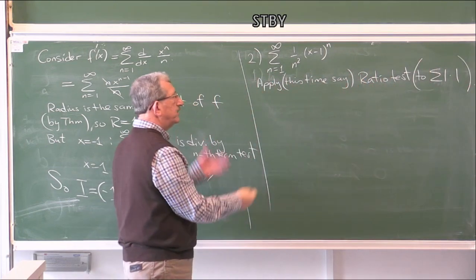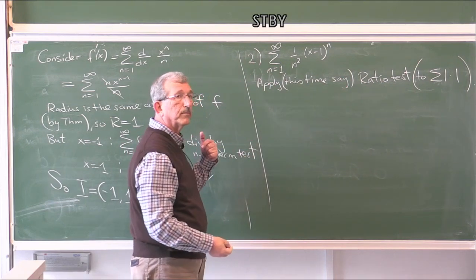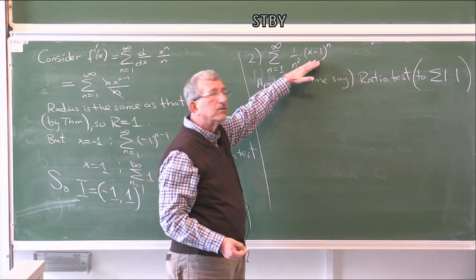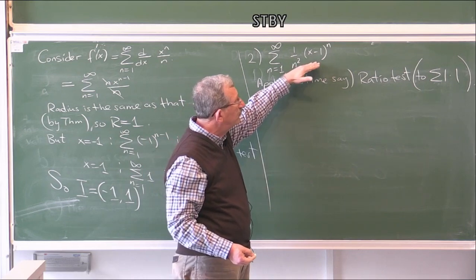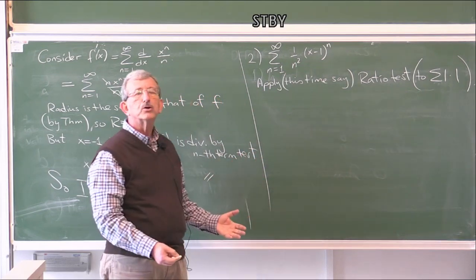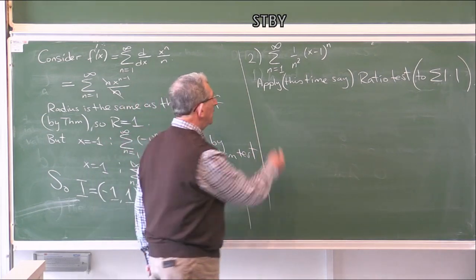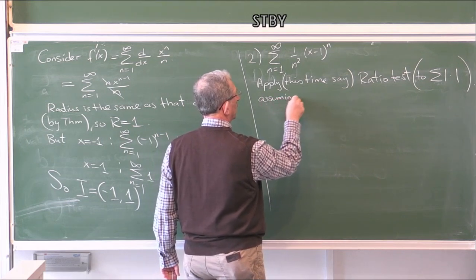Now, the ratio test says that you look at the ratio of the absolute value, but clearly, if x is 1, you cannot divide by 0. So we have to take that point out. 1 certainly belongs to the interval of convergence. It will not pose a problem. So assume x is not 1.